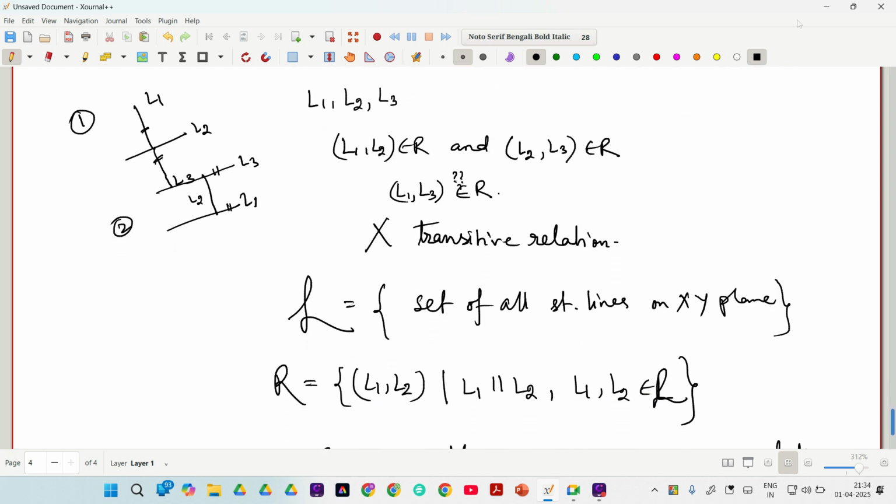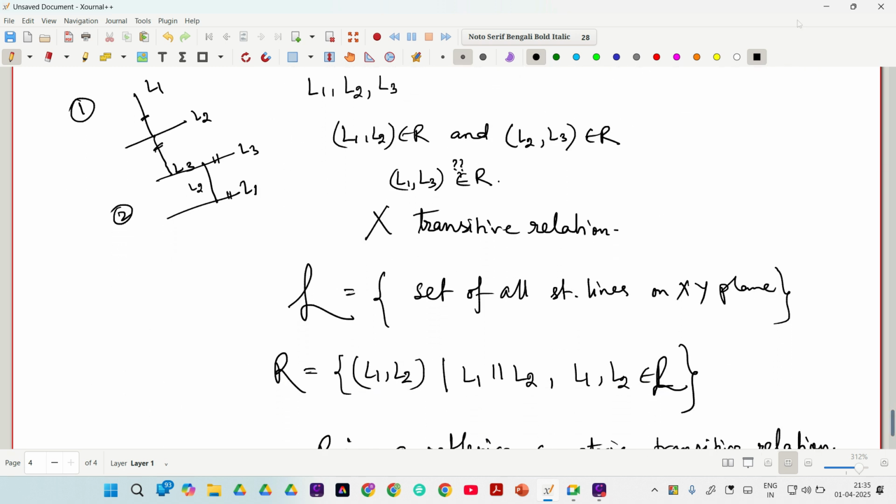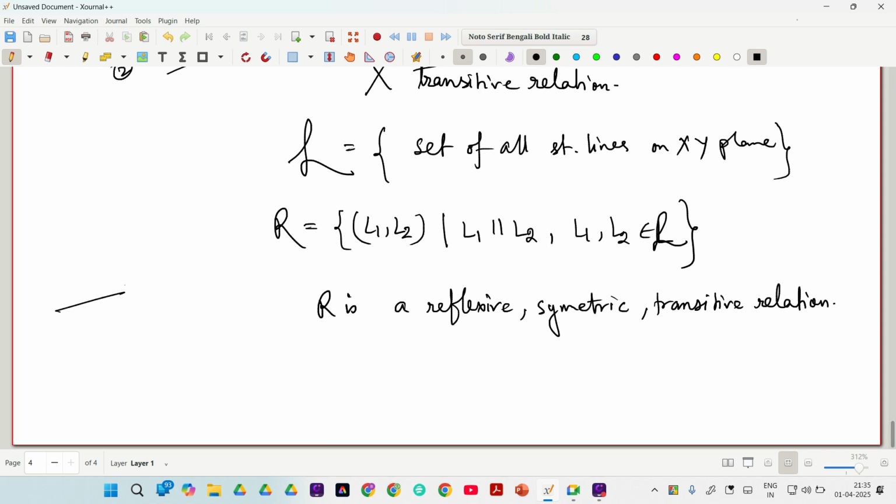And if L1 is parallel to L2 and L2 is parallel to L3, then L1 and L3 have to be parallel. Okay, Praditi, did you get it? Yes, sure, both of the examples.